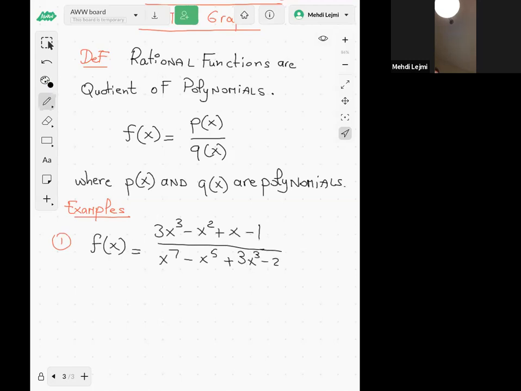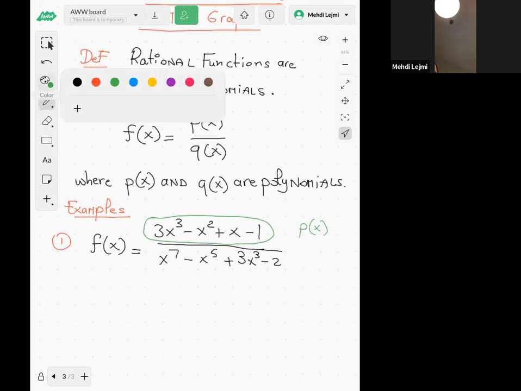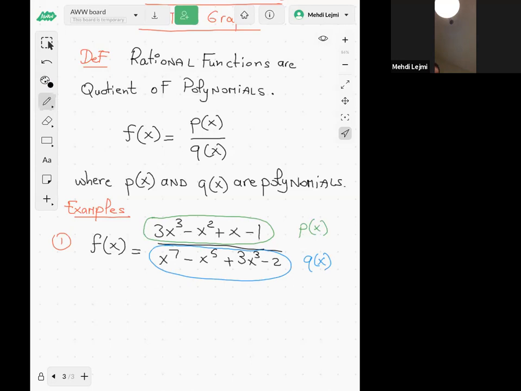In the top, that's a polynomial, that's my p of x. And in the denominator, that's my polynomial q of x. So both p and q are polynomials.